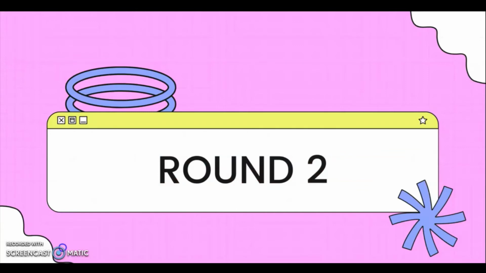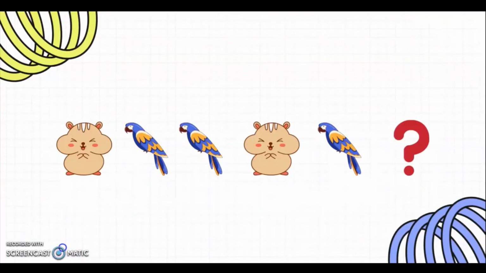Okay, next, round 2. Look at this next pattern. It is a series of creatures or animals. We have a hamster, followed by 2 birds, and there's a hamster, and then there is a mystery spot that we have to complete, and a bird.